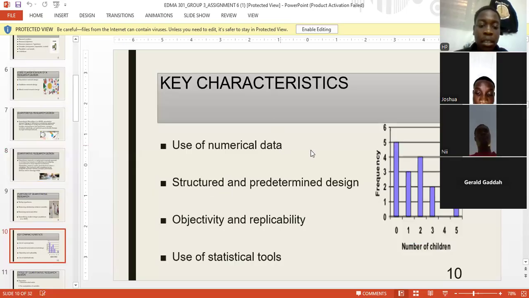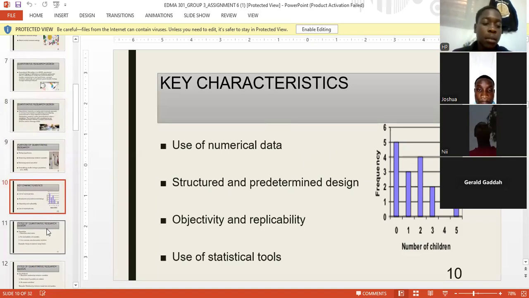And the characteristics: it uses numerical data, it's structured and predetermined, objectivity and replicability are objectives behind it, and it can be replicated. So a copy or a module can be made from it, and it uses statistical tools.